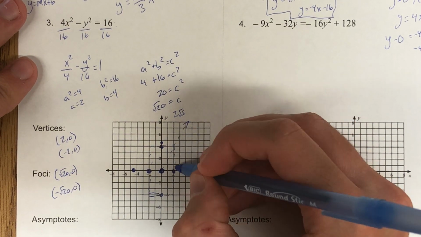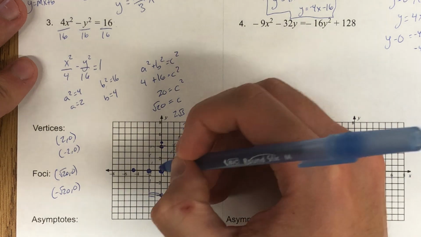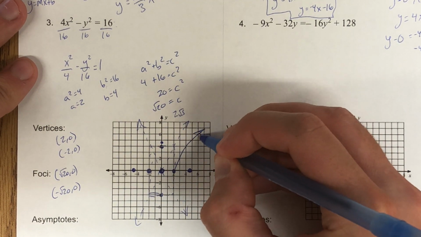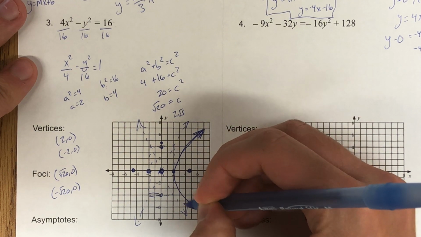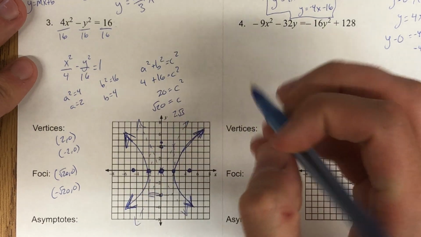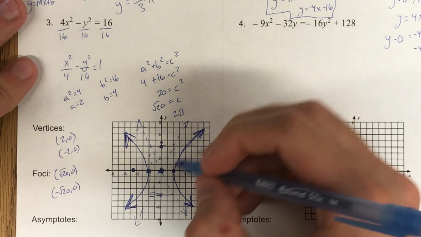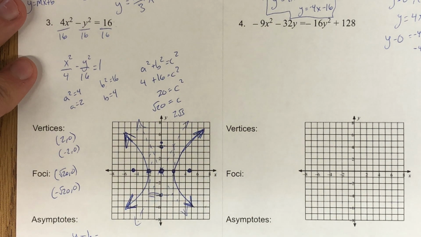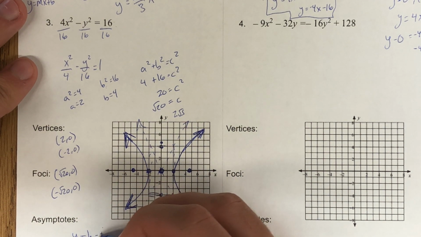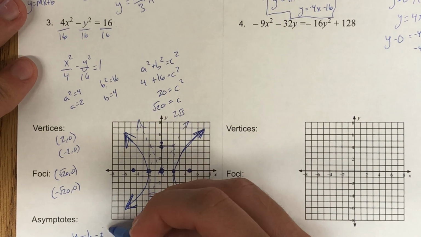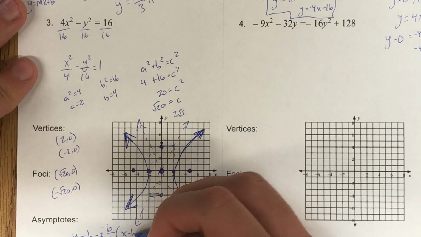Let's draw in our asymptotes so that we can have a decent idea of what this hyperbola will look like. Okay. Last thing to do is write these asymptotes. So if we want to use that formula, it would be y minus k equals plus or minus, and since it's horizontal, it would be b over a for that slope times x minus h.